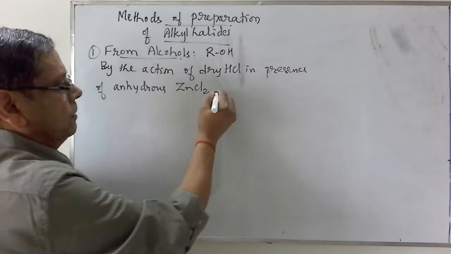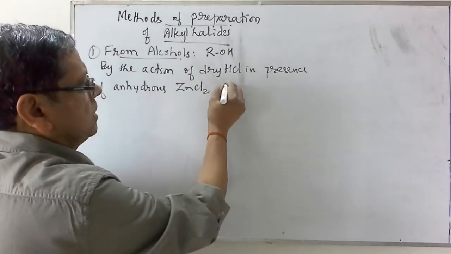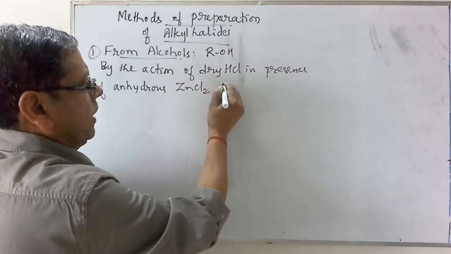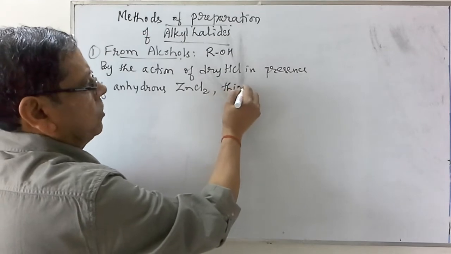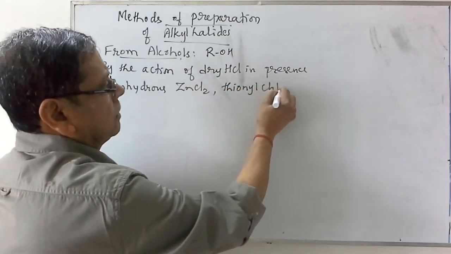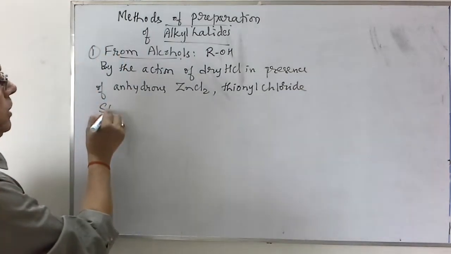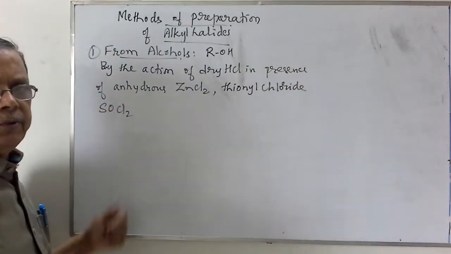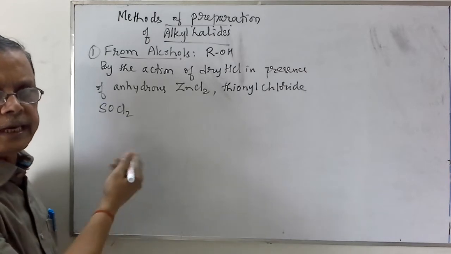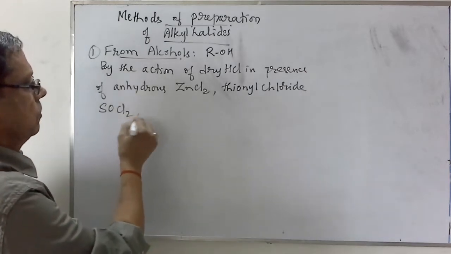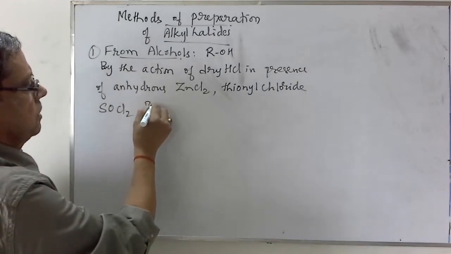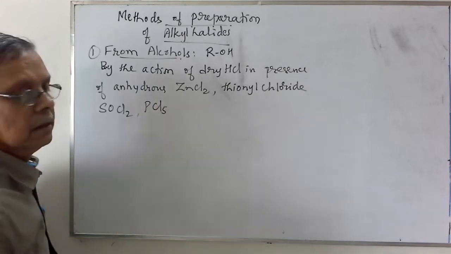We can also have it by the action of thionyl chloride, that is SOCl2. Again we can use a little peroxide as a catalyst. Then phosphorus pentachloride.